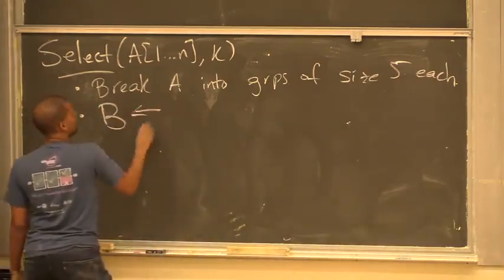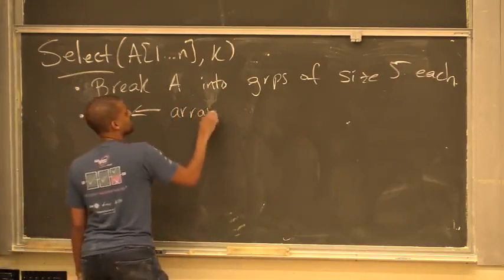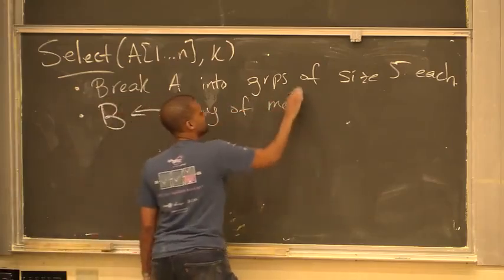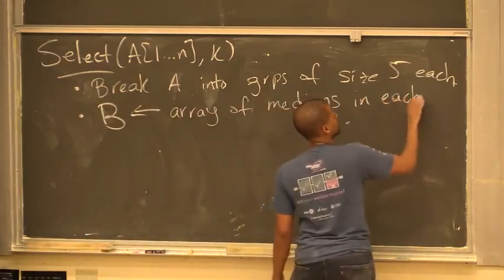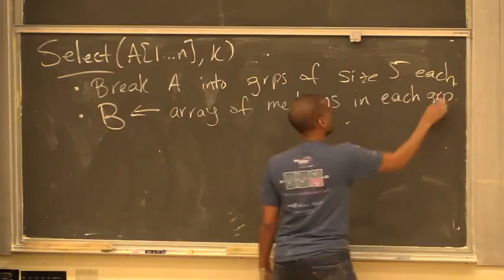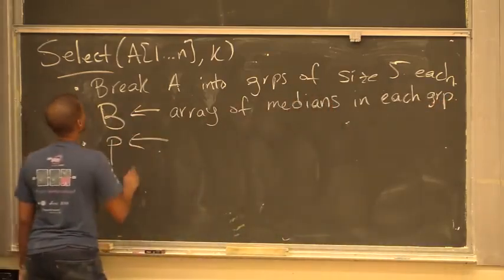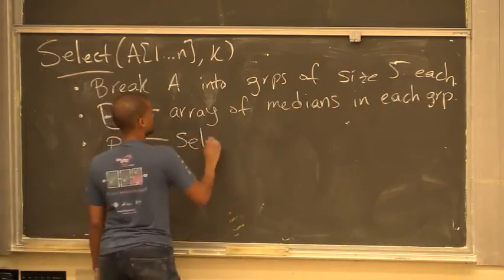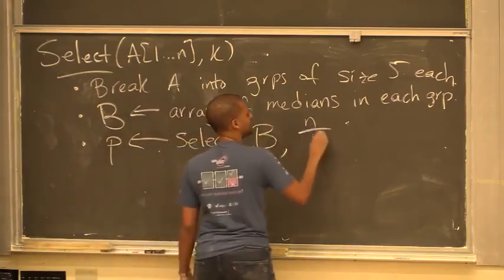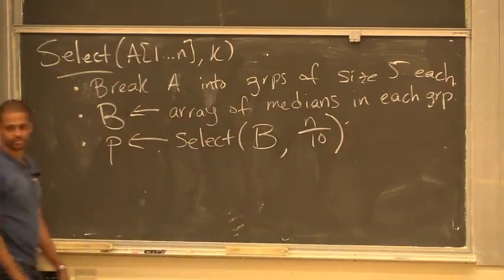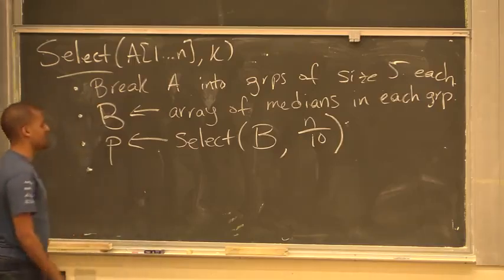B is an array which is the array of medians in each group. P is going to be my pivot. P is going to be select on B, with K being n over 10. And then now I'm going to do a pivot.